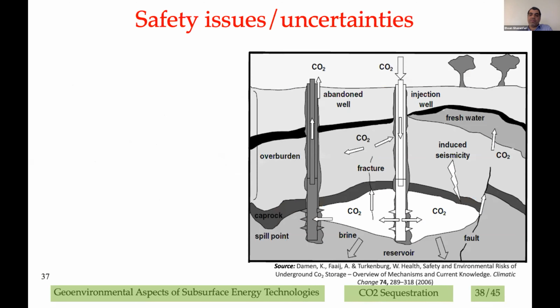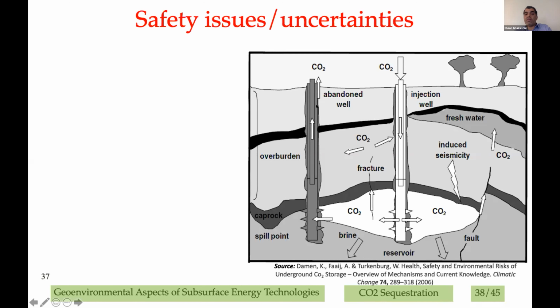addressed in future. So some of the major safety issues and uncertainties associated with deep geological storage of CO2 are summarized here in the slide. So here's an injection well where the CO2 in supercritical form will be injected and stored underground. So there are many abandoned oil and gas wells.